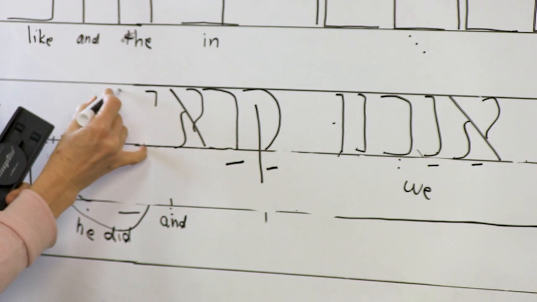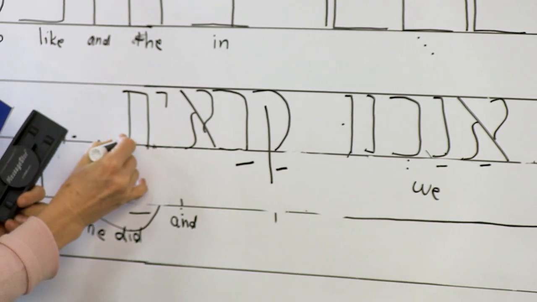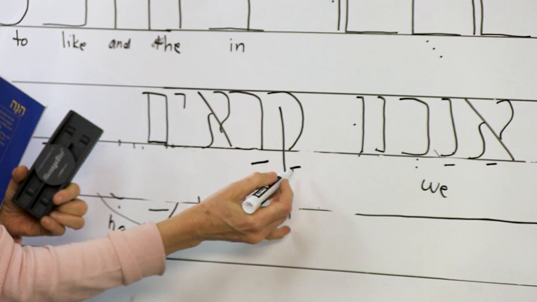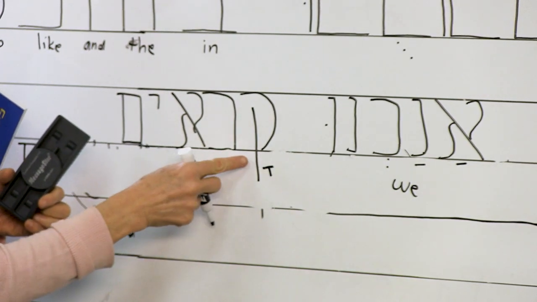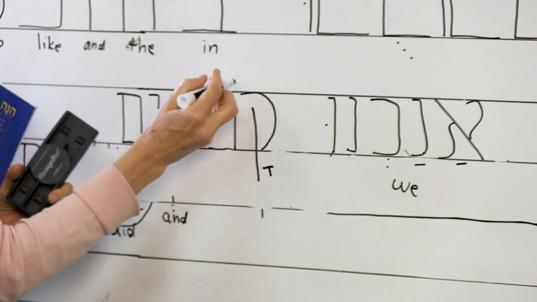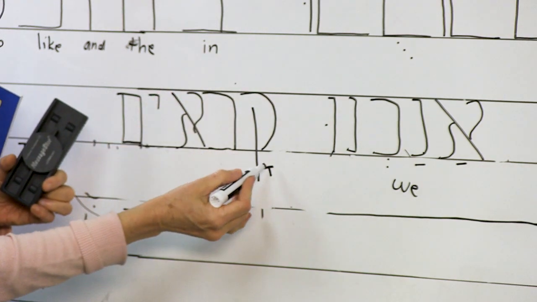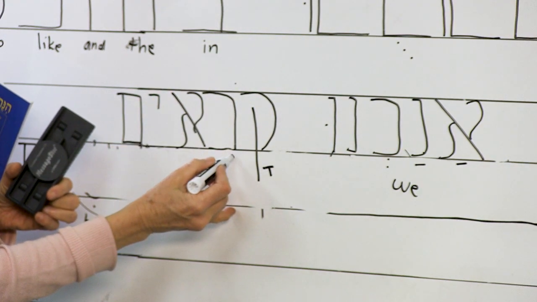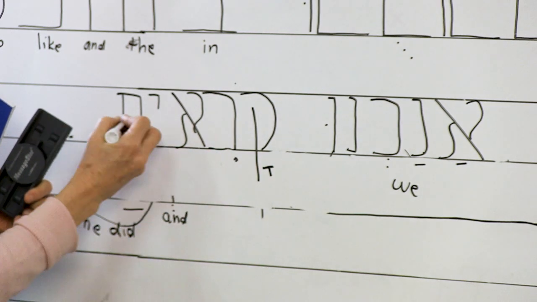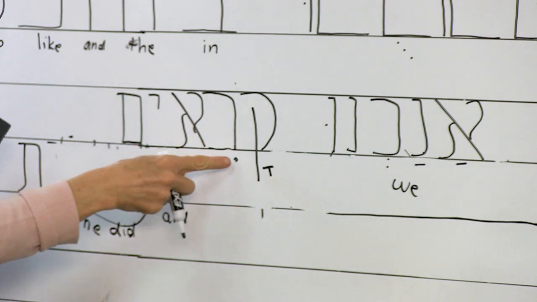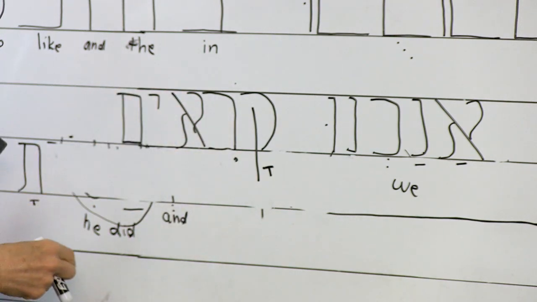Im, korim. So it's pronounced a little differently. I would say it would either be the kamats or the cholam. I don't know which one, but it's pronounced like an O. Rim. Okay, so it's got one vowel for this last syllable.